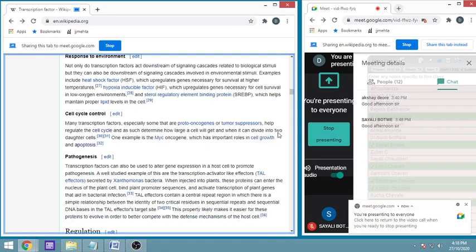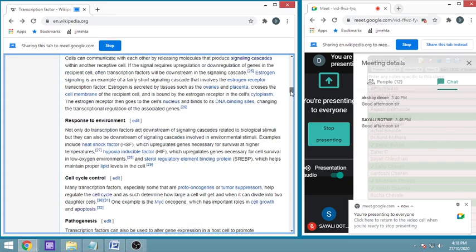Then they will also make the response to the environment. This is again very important, because just imagine somebody is going to high altitude, there is a lack of oxygen, there is a too chilly environment. You must be knowing the body tries to adapt to the situation in the environment.